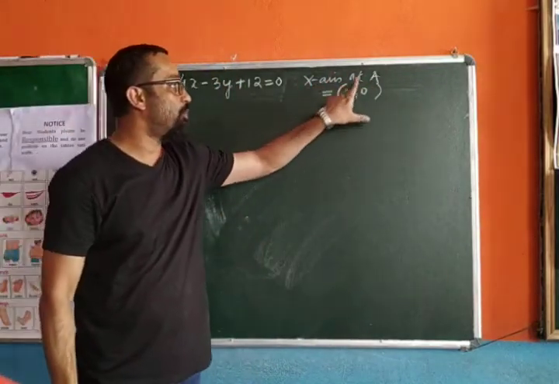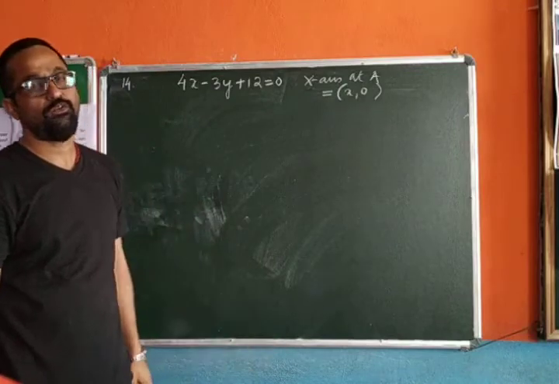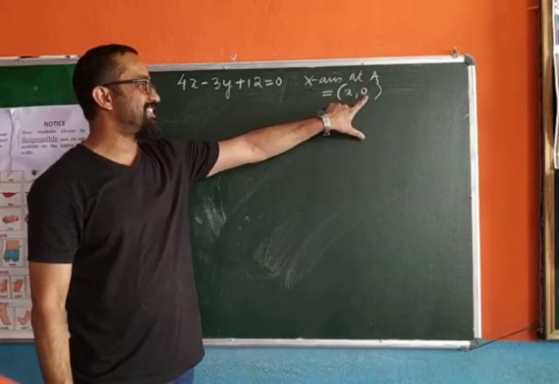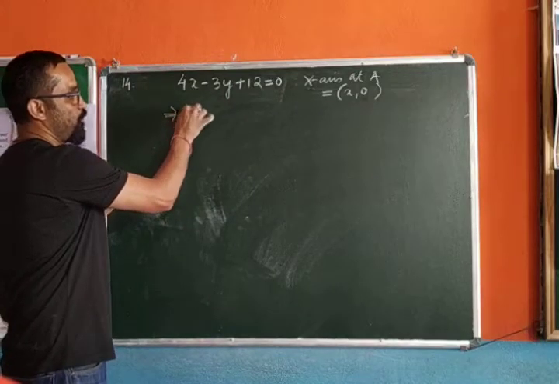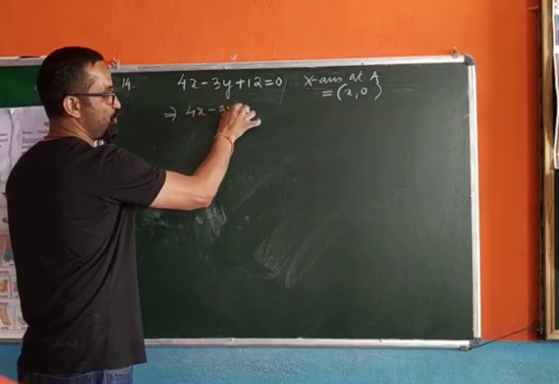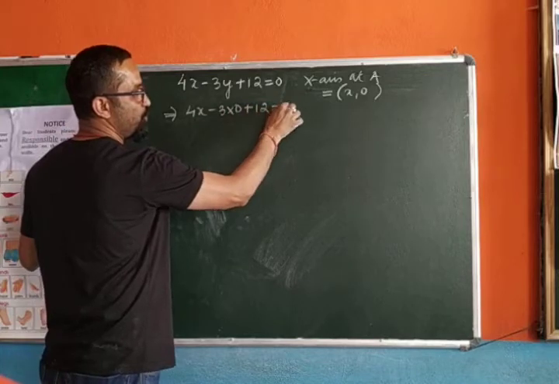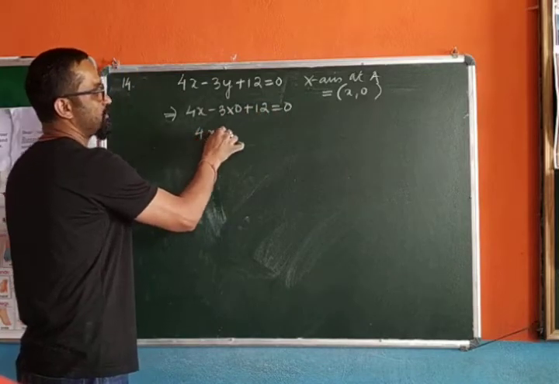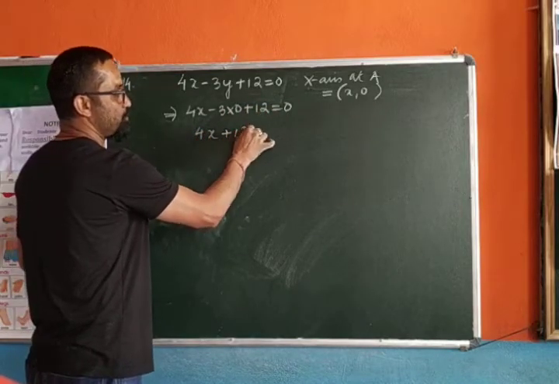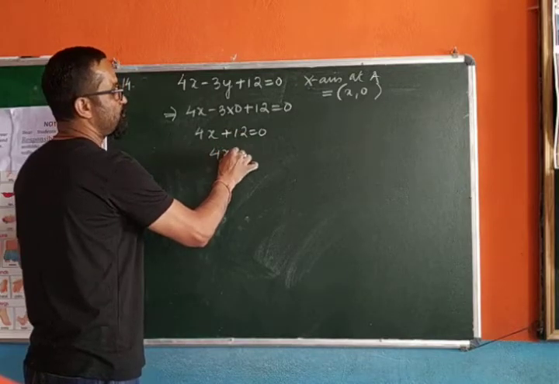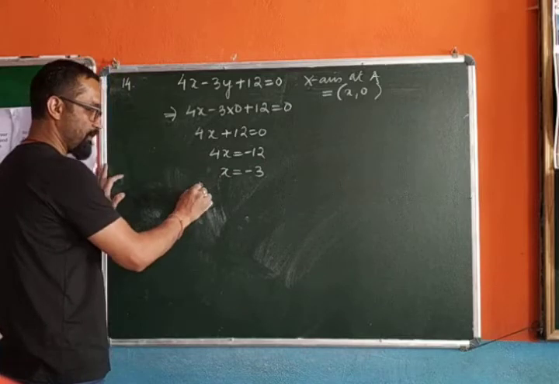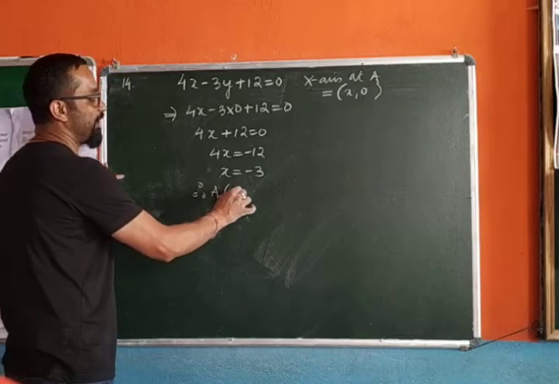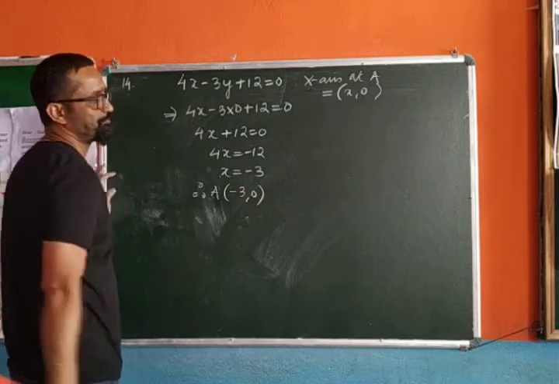A will have coordinate x comma 0. So we know abscissa and ordinate, substitute here. 4x minus 3 into 0 plus 12 equal to 0. 4x plus 12 equal to 0. 4x equal to minus 12. X equals minus 3. Therefore, A has coordinate minus 3 comma 0.